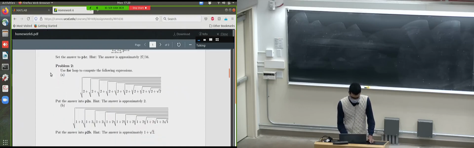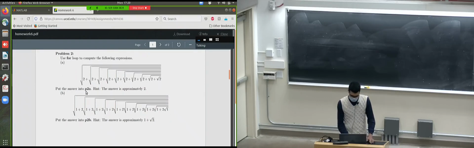Yeah. Now in problem 2, you have, let's say, the square root operation performed multiple times, and it's performed in such a way that the square root operation is acting recursively on the value of the inner variable.